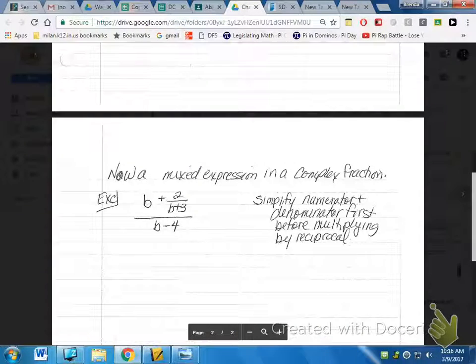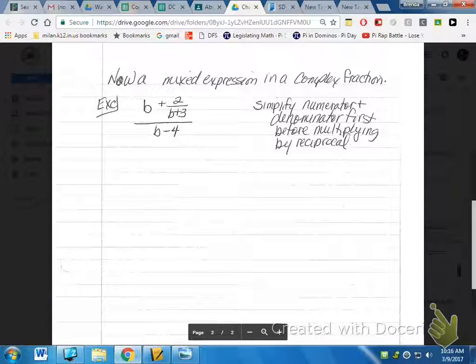This is now called a mixed expression. So it's a mixed expression in a complex fraction. It's a combination of the two things we just did on top. So here's what's going to happen.